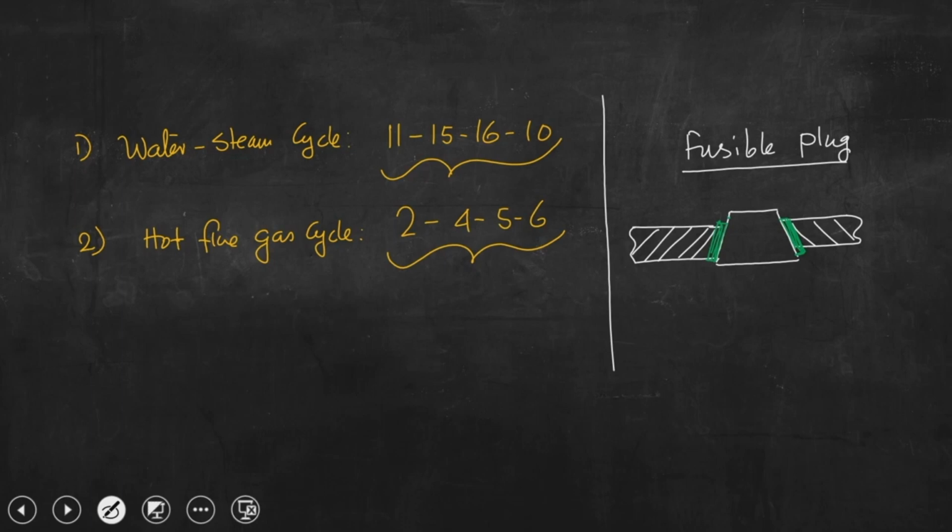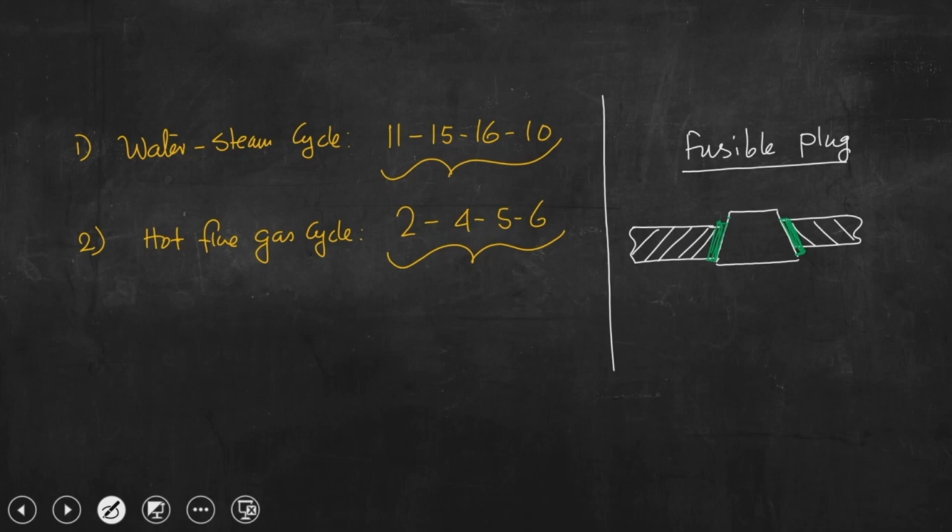The plug is welded to this wall with a material, and that material has a low melting point. So, when that component is in contact with high temperature steam, that material will melt and the plug will drop.